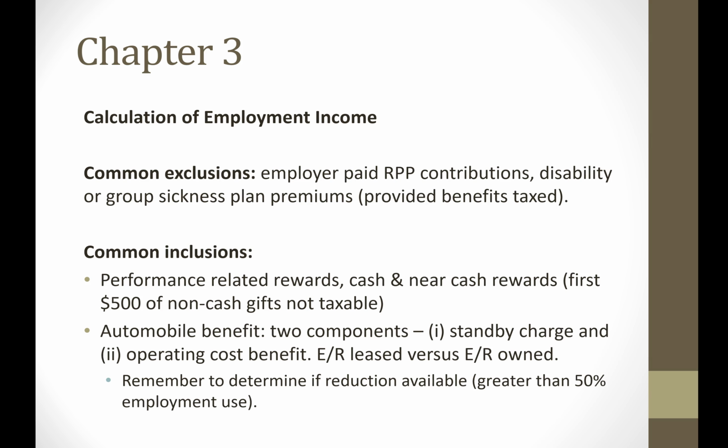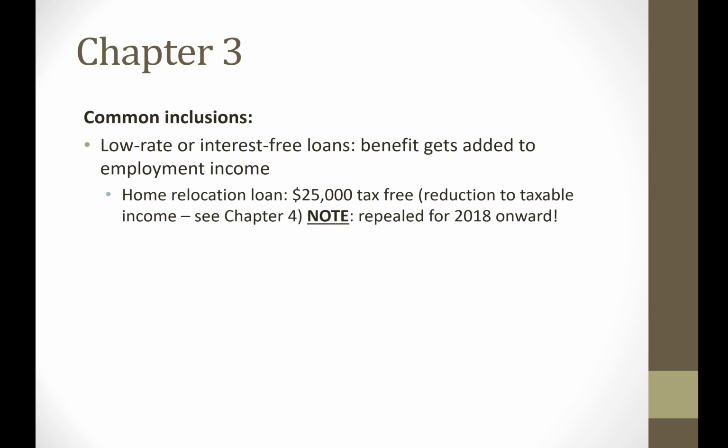So know how to do those calculations for exam purposes, and also know that there's a difference between the calculation for a car that's leased by the employer and one that's owned by the employer. Also, the last point on this slide, if the car is used greater than 50% for employment use, then there is a reduction available.